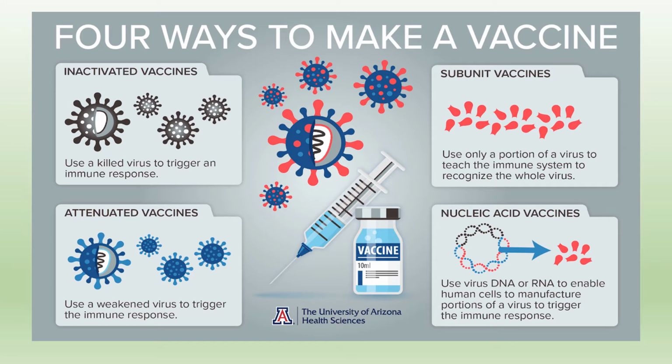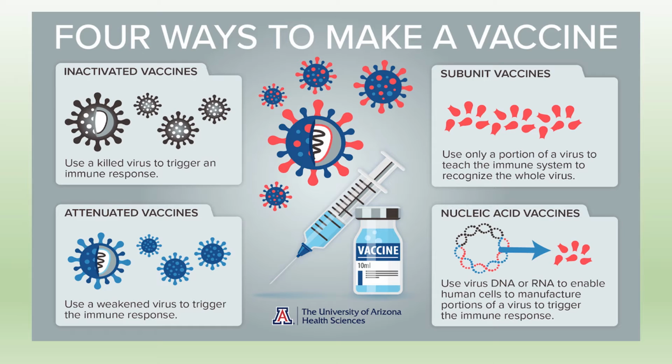Moving up to the upper left, inactivated vaccines, also called killed or killed whole cell vaccines. These viruses are unable to replicate, unable to infect, unable to cause disease. They're essentially dead.